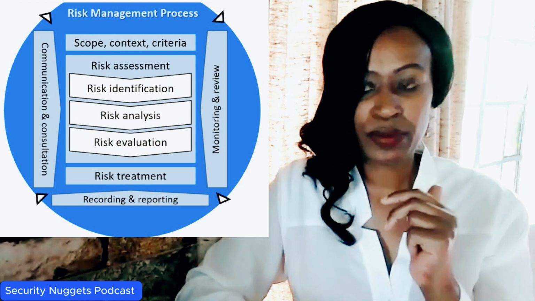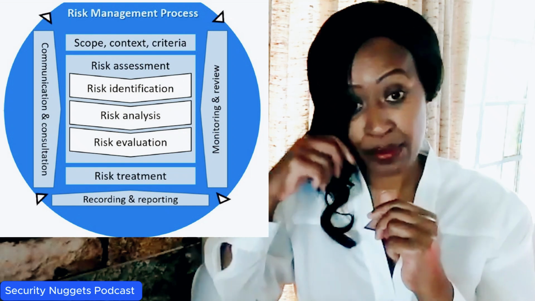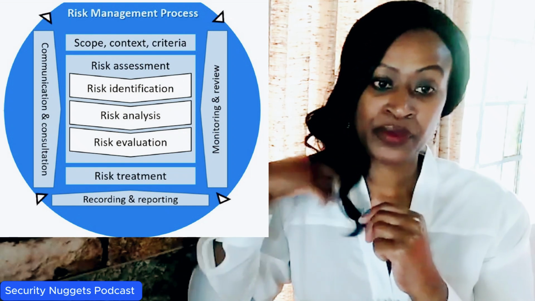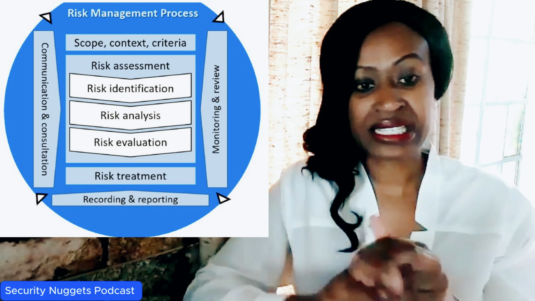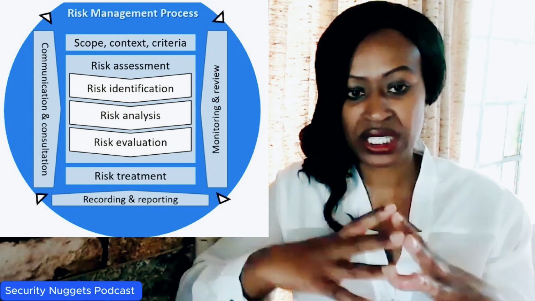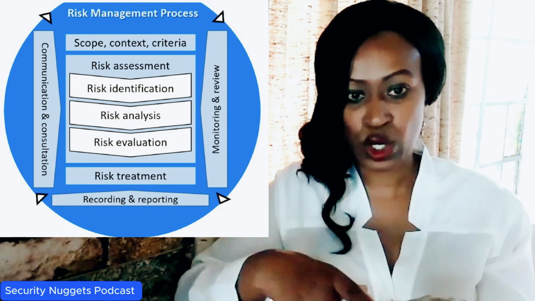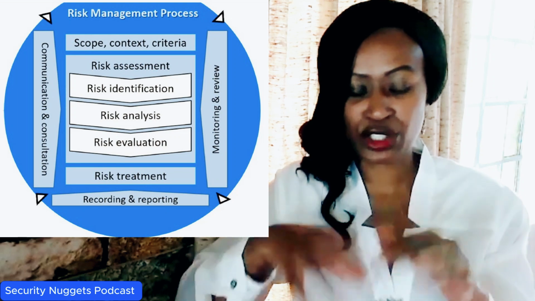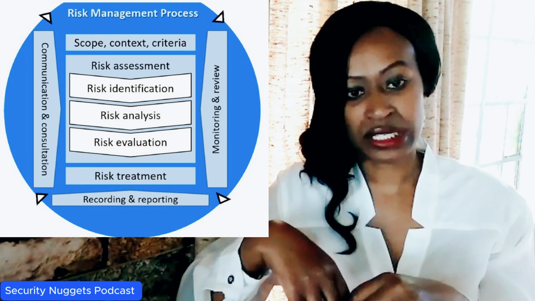The reason why it's important for you to establish scope, context, and criteria first is because the information you get from those three is critical input into the rest of the process as we proceed.